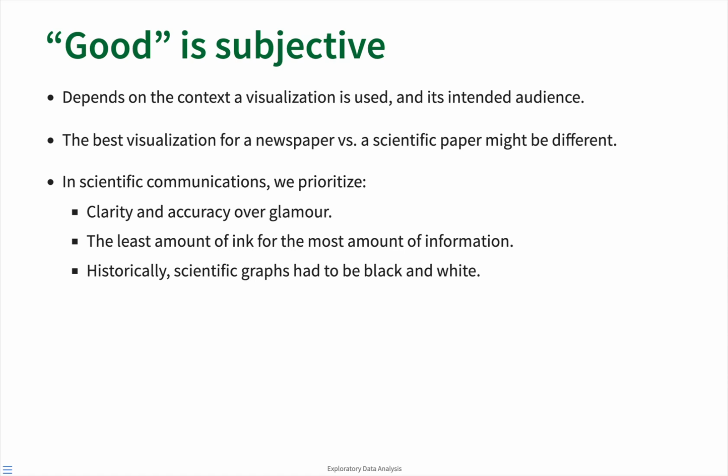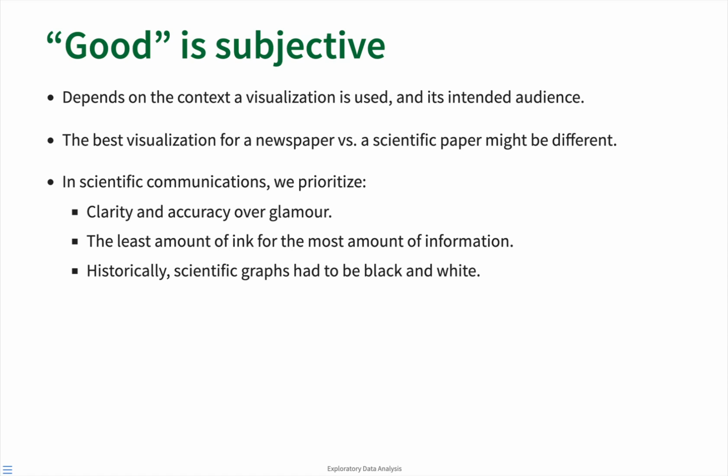In scientific communications, there are some particular things that we prioritize more so than in other applications. For example, we're less concerned about visual appeal or splashiness and more concerned with accurately and clearly representing patterns that we see in the data.